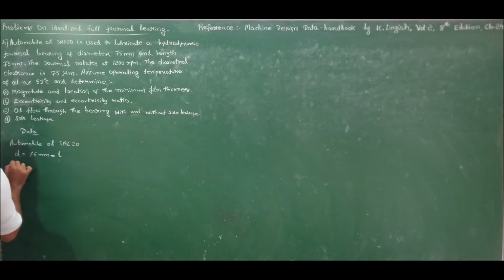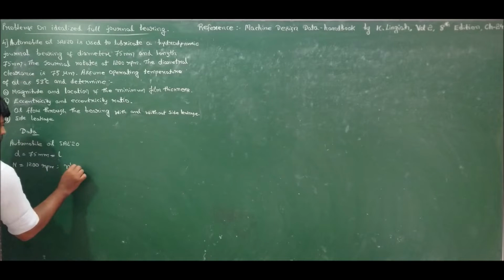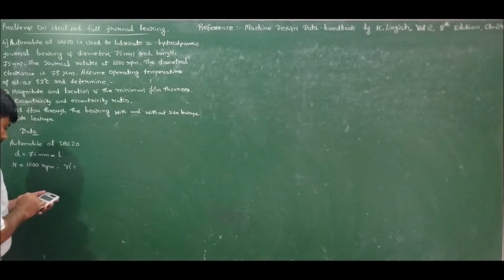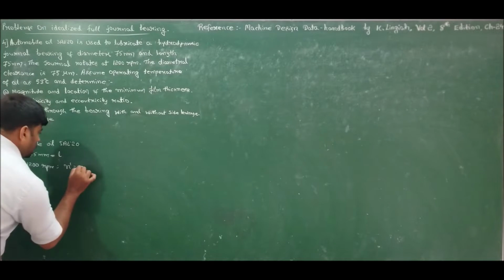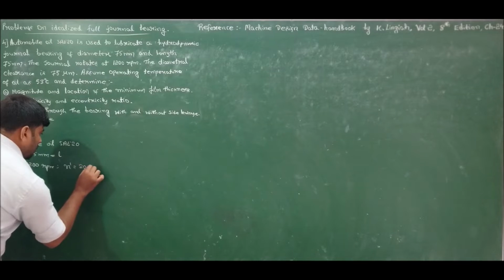The journal rotation is specified in rpm, therefore it is capital N. Then N dash is rpm by 60, that is 1200 by 60, which is nothing but 20 rps.